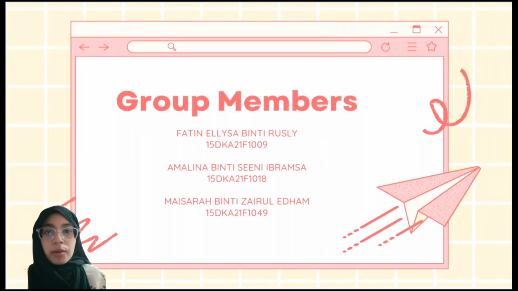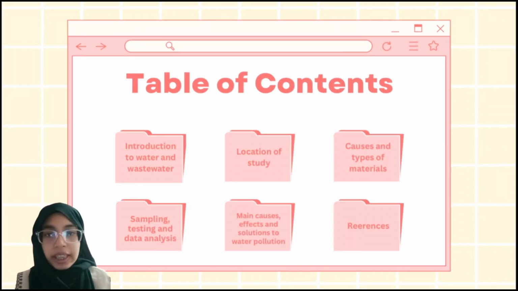Our group consists of 3 members: Fatin Elisa binti Rusli with registration number 15DKA21F1009, me, Amalina binti Sini Ibramsa with registration number 15DKA21F1018, and lastly, Maisara binti Zairul Edham with registration number 15DKA21F1049.